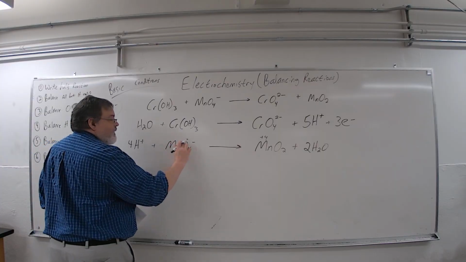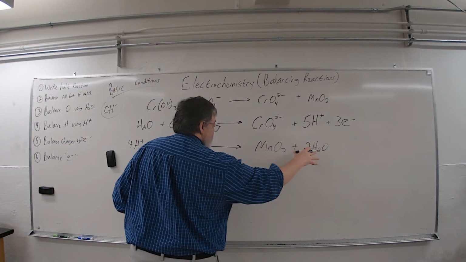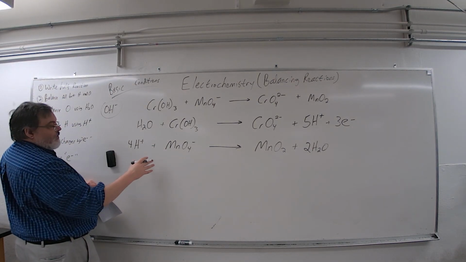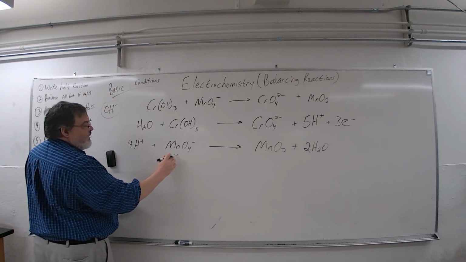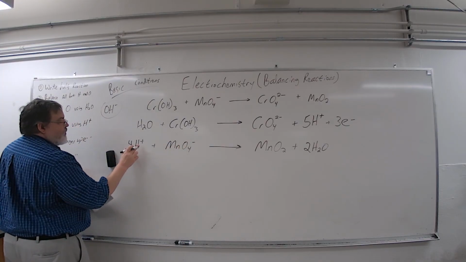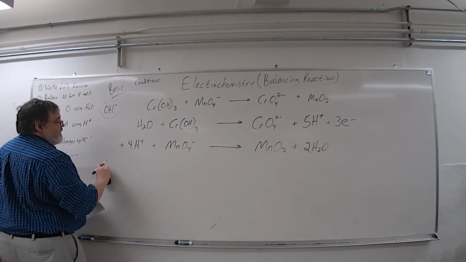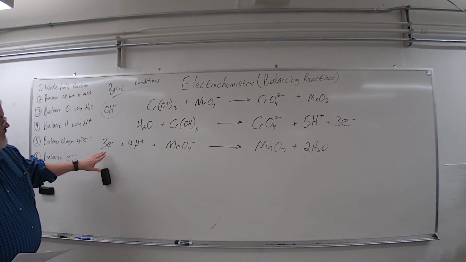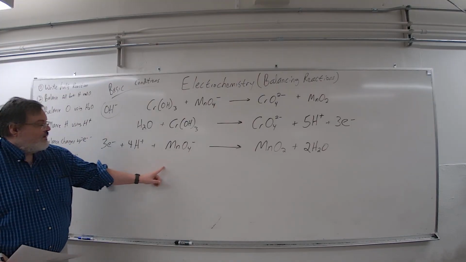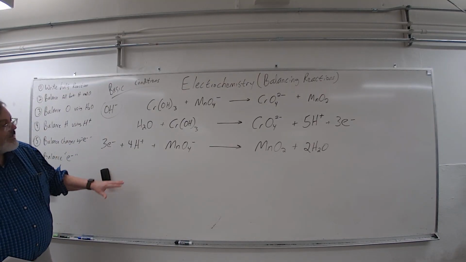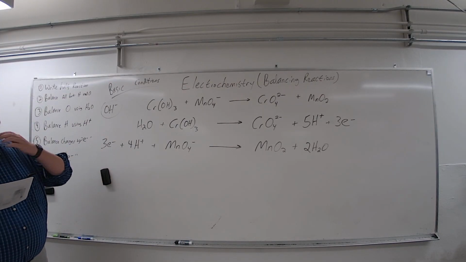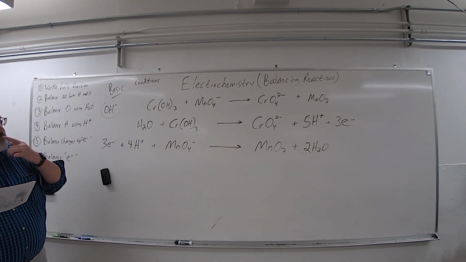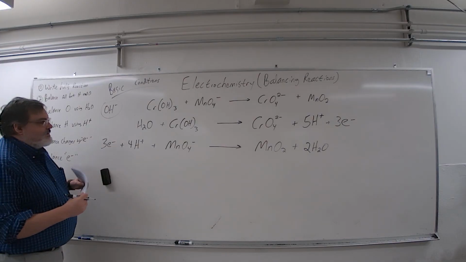And then over here, completely neutral on this side. To make this side neutral, we have a negative charge and we have 4 positive charges. That will make this totally neutral. 3 negatives plus 1 more negative, total of 4 negatives, balances to 5 positives. The electrons already cancel each other.